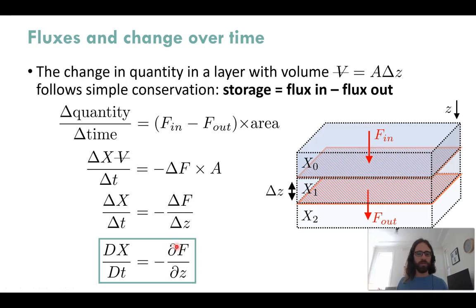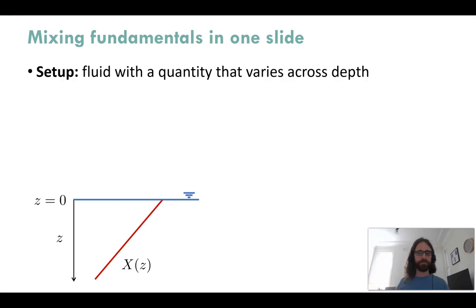And the partial here is simply the partial derivative of the flux with respect to Z, because it varies both with Z and with time. And X, this big D, is a special type of derivative that we're going to give a definition to later on in the lecture.